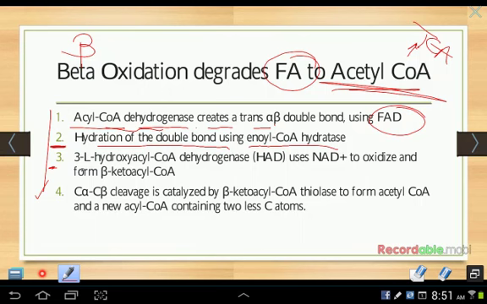In step 3, 3-L-hydroxyacyl-CoA dehydrogenase, also called HAD, uses NAD+ to oxidize and form a beta ketoacyl-CoA. In step 4, we cleave between the alpha carbon and the beta carbon, which is catalyzed by beta ketoacyl-CoA thiolase to form an acetyl-CoA and a new acyl-CoA chain that has 2 fewer carbons on it.